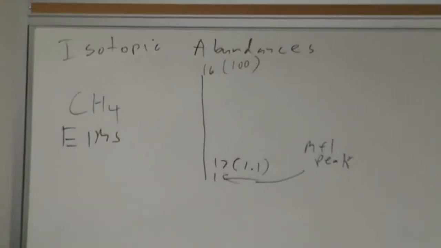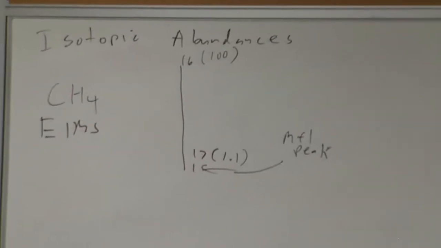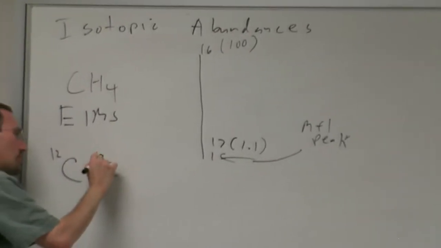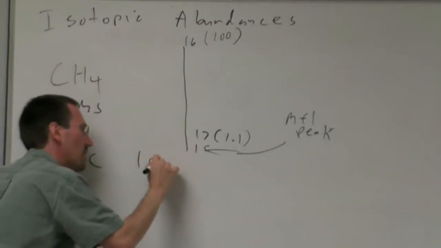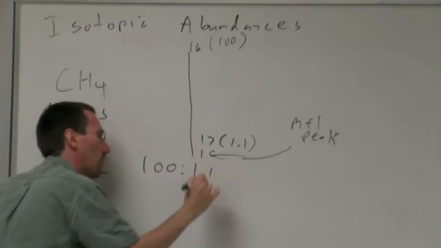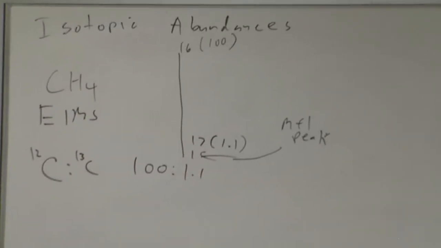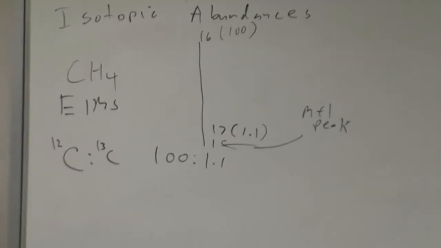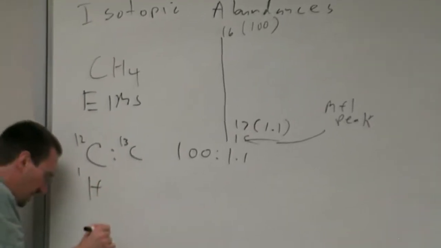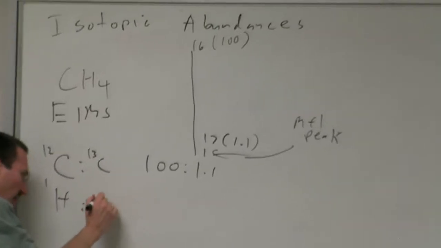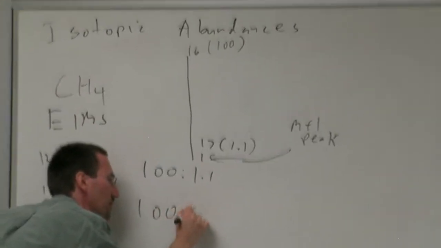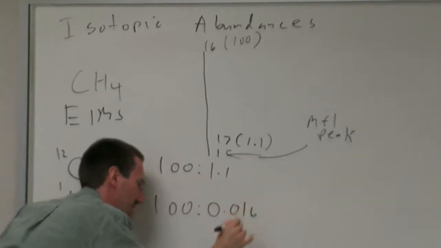And of course, the M+1 peak comes because you have C12 and C13 in a 100 to 1.1 ratio. You have a minuscule amount of deuterium, but it's really negligible for almost anything because you have hydrogen to deuterium in a 100 to 0.016 ratio.